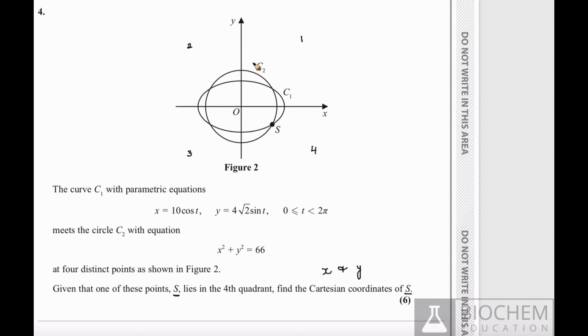As C1 and C2 intersect each other, that means these parametric equations must satisfy this equation as well. In other words, when we input the y value and the x value inside this equation, that should also equal 66 at the point of intersection between these two curves. So we will start off by inputting the y parametric equation and the x parametric equation into the equation of C2 and solve it from there.